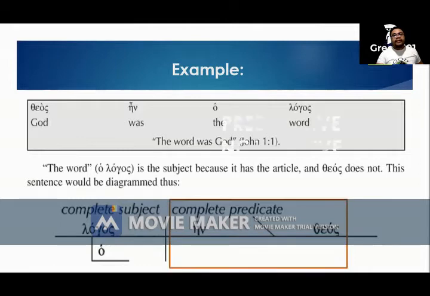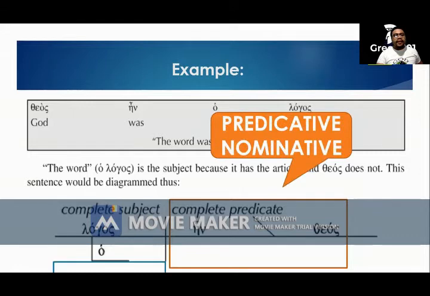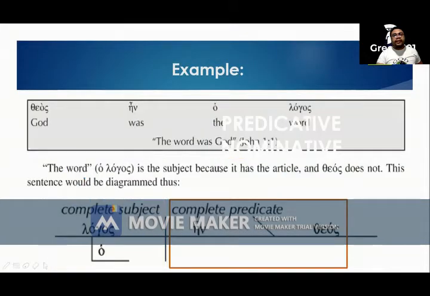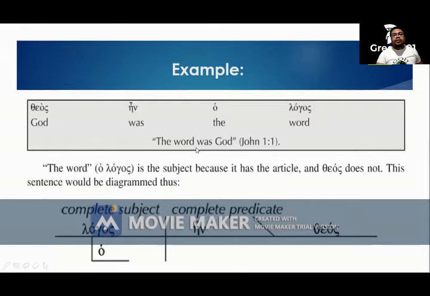So that's why theos is our predicative nominative, and the word logos is the subject. Therefore it is translated as, the Word was God. All right, so that is the predicative nominative.